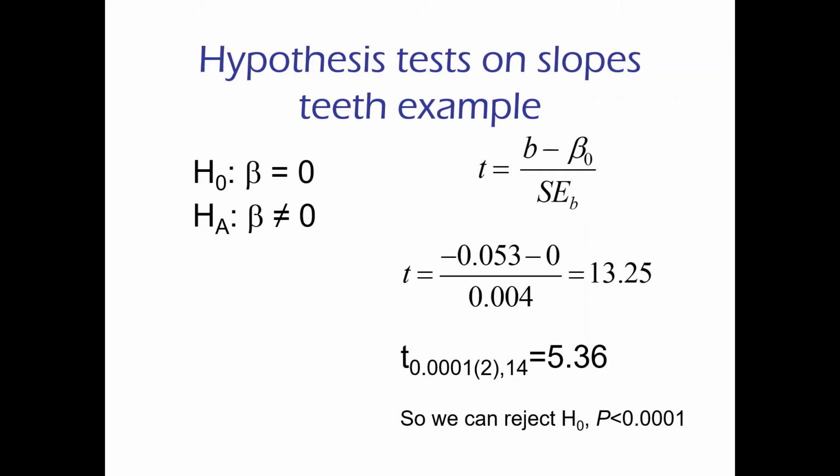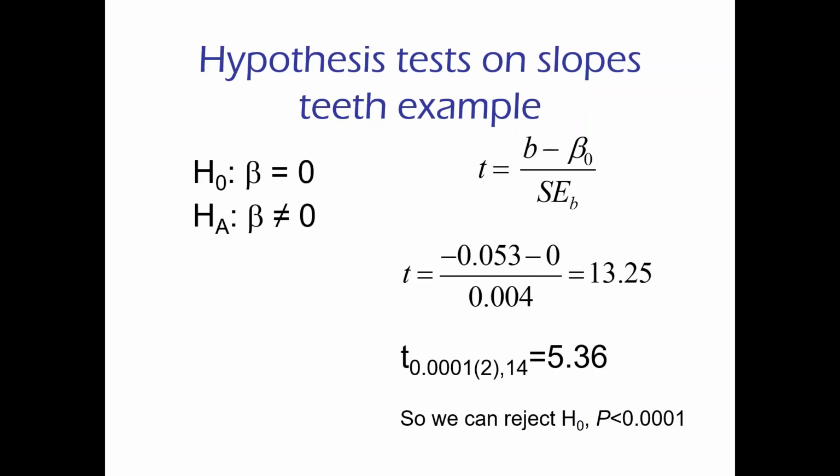Now, let's calculate our t-value. The calculated slope, b, is minus 0.053. And as we mentioned before, beta 0 is the population slope in the null hypothesis, which has a value of 0. Here, our b has a negative value.